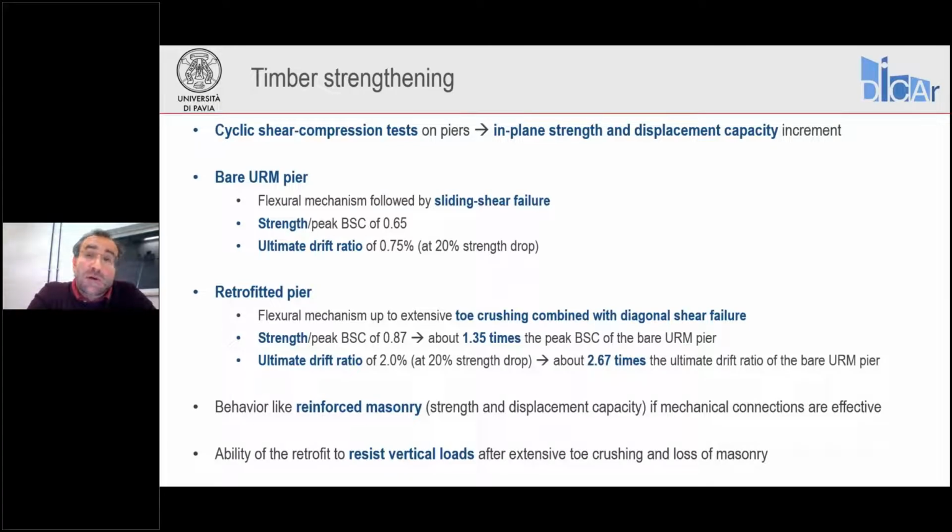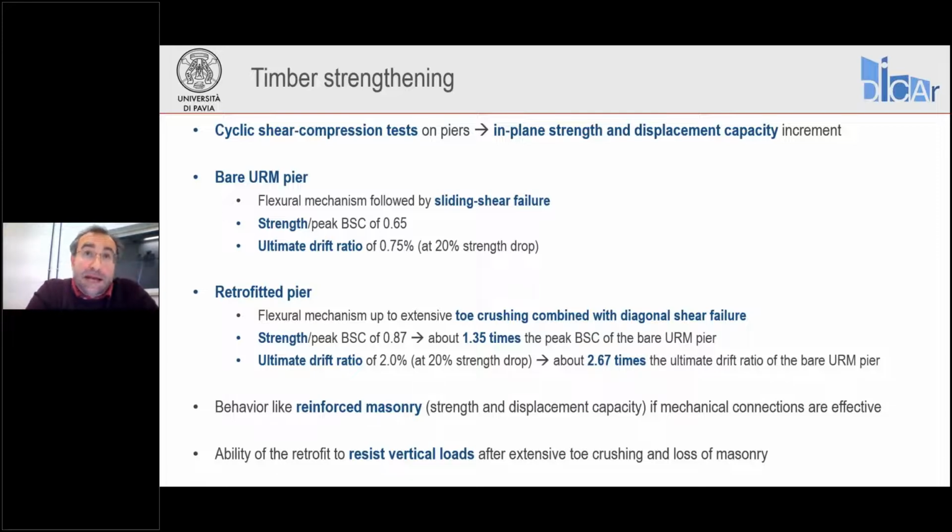Again, we changed the failure mode. We didn't allow shear sliding to happen because of all the mechanical connections, which are part of the retrofit solution, and instead we developed a toe crushing mechanism followed by diagonal shear cracking, reaching an ultimate drift ratio at 20% strength drop of 2%, as opposed to the 0.75% of the unreinforced masonry pier.